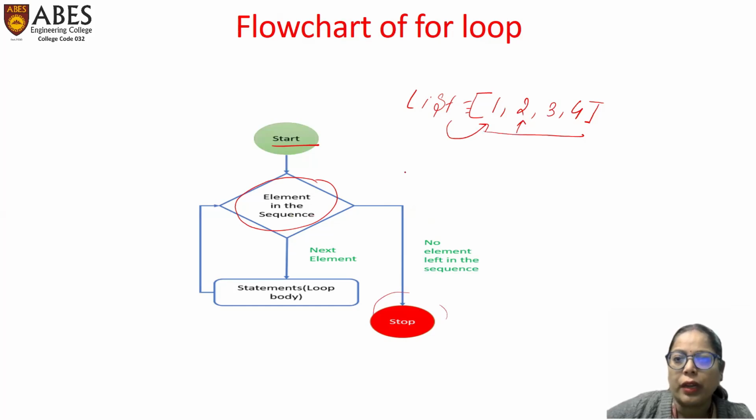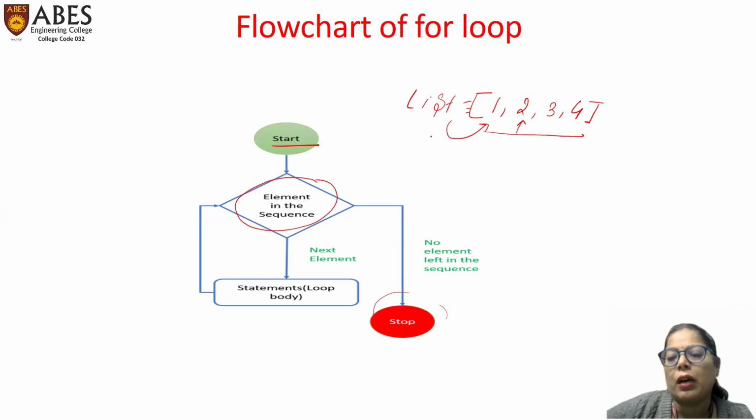Unless we have elements in the sequence, it keeps on incrementing and printing. Incrementing here doesn't mean increasing the value; it means that it goes to the next value. Once it finds there is no element in the sequence, it stops.